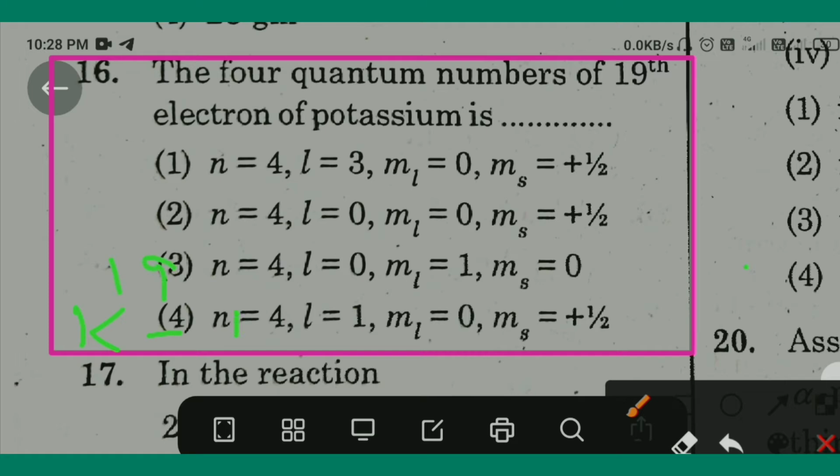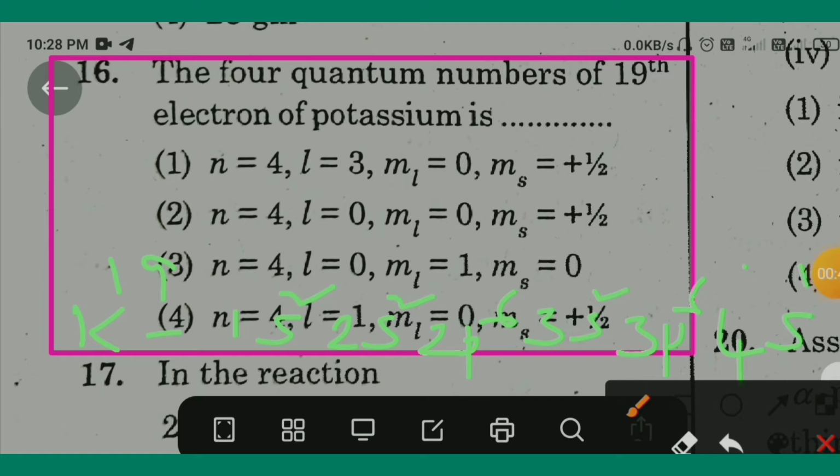So the electronic configuration is 1s2, 2s2, 2p6, 3s2, 3p6, 4s1. This is the electronic configuration of potassium.